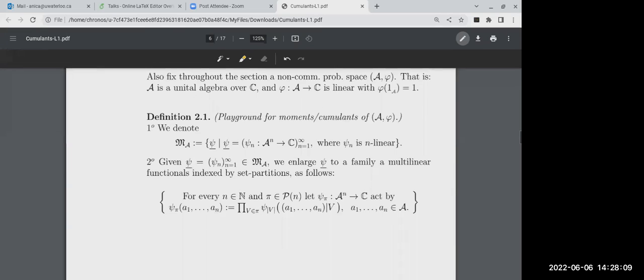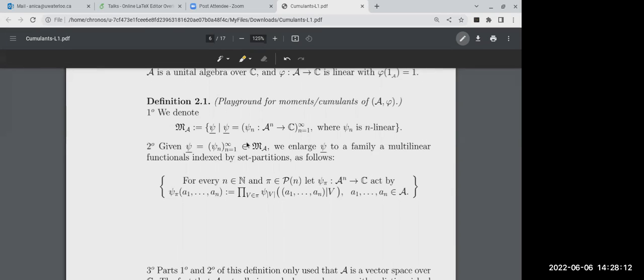The playground for all the considerations on moments and cumulants is this set of sequences of multilinear functionals. This is an important fixture in my whole mini course, this Gothic M sub A. This is where the moments will live, and this is where the cumulants will live.